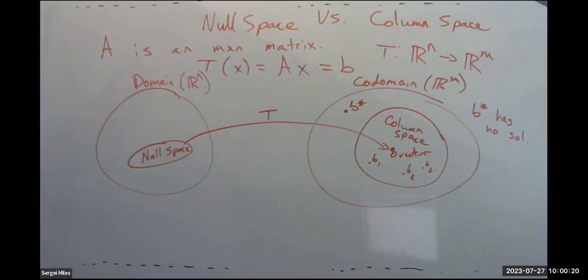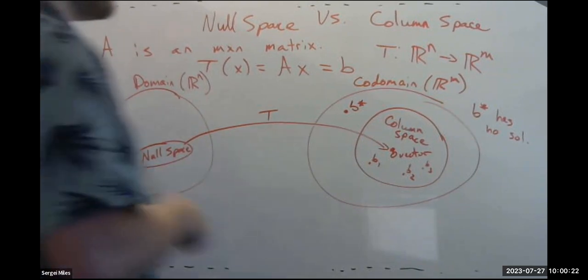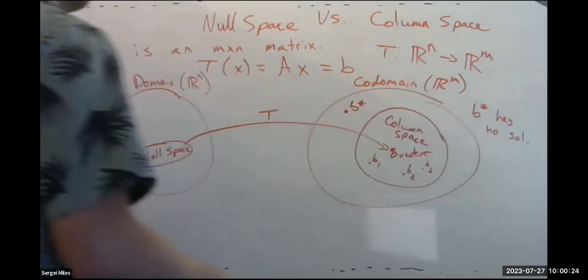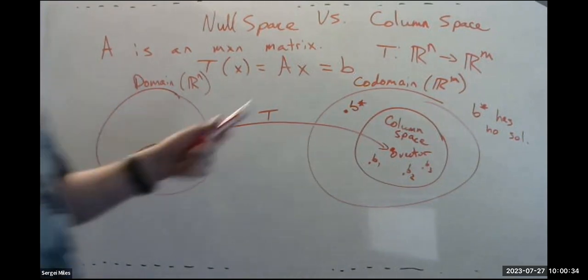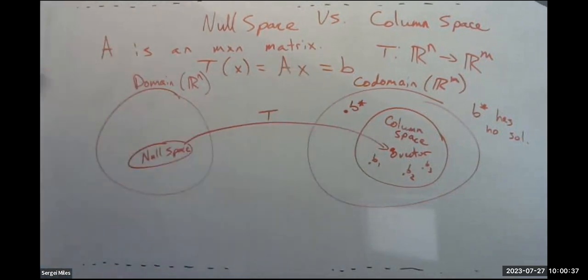So the column space is not necessarily all of the codomain, but if my transformation is onto, which again, remember, that means I have a pivot in every row, then the column space does equal all of the codomain. If I don't, then the column space is a subspace of the codomain. It's strictly a subset. All right.